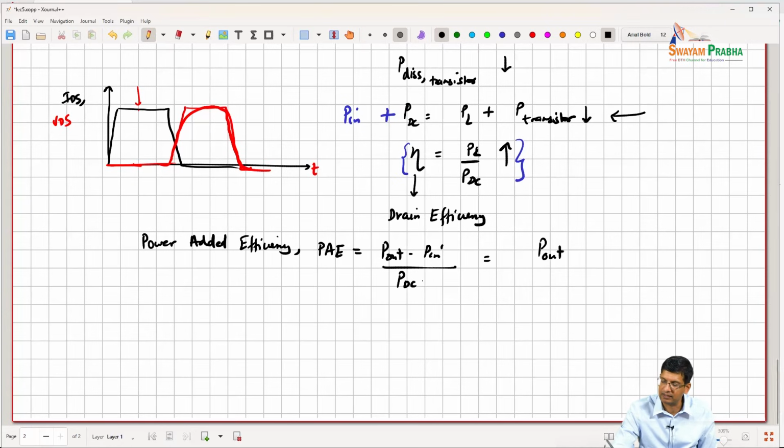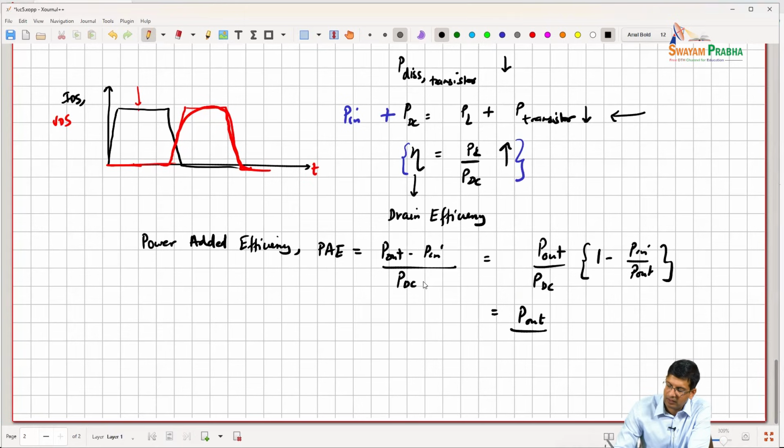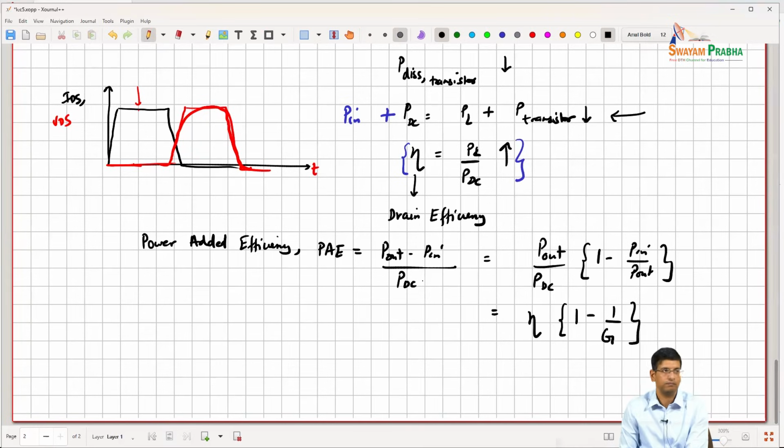So this can be written as P out divided by PDC times 1 minus P in over P out. So this is drain efficiency times 1 minus 1 over G, right. So this starts impacting your design. So that is statement 1, right.